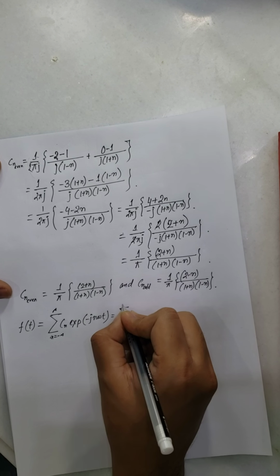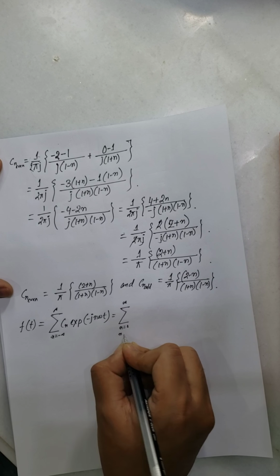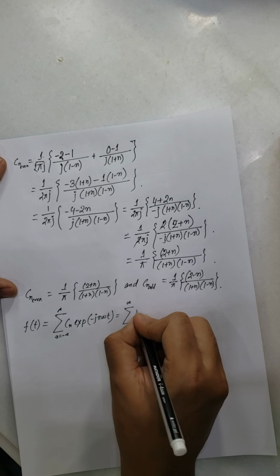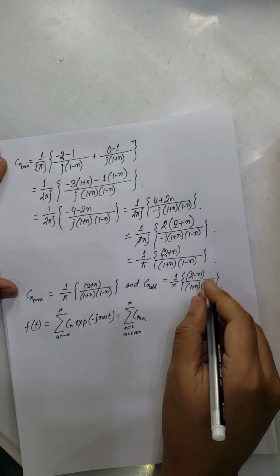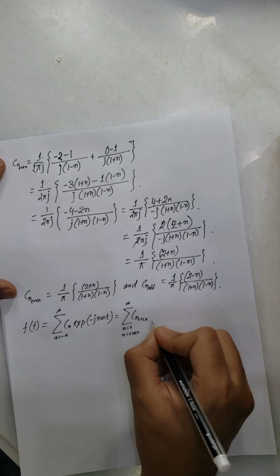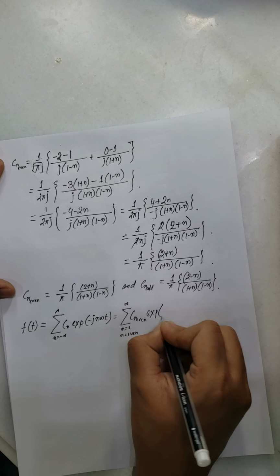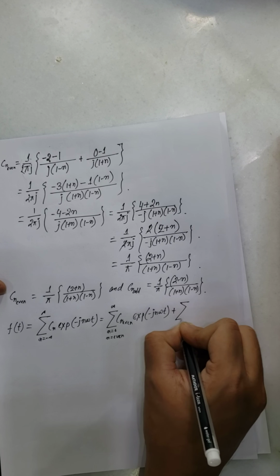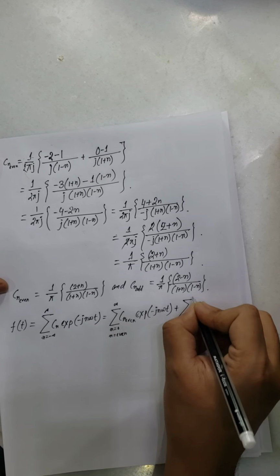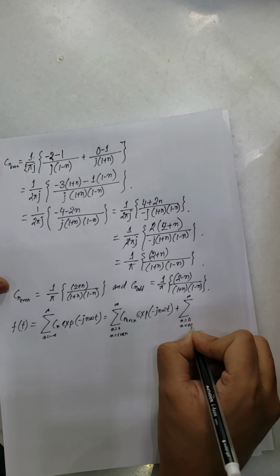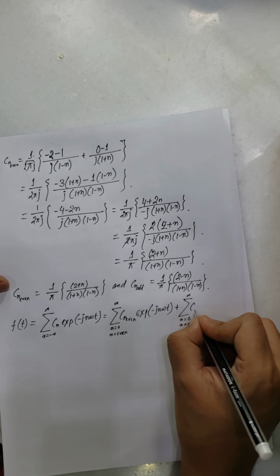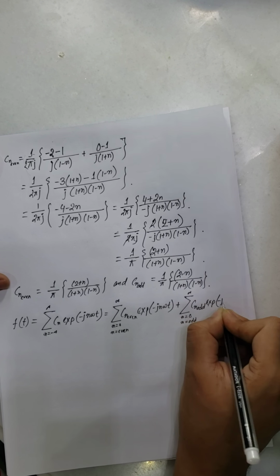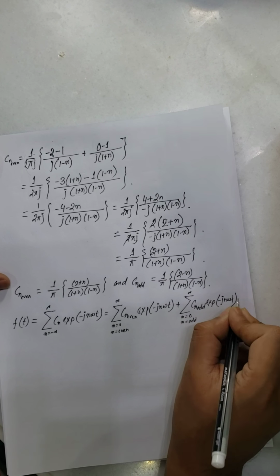N goes from 0 to infinity, and n is even, which becomes Cn even. That means you need to put this value over here, e to the power j n omega t, plus n, which goes from 0 to infinity, and n in this case odd. We get Cn odd e to the power minus j n omega t.